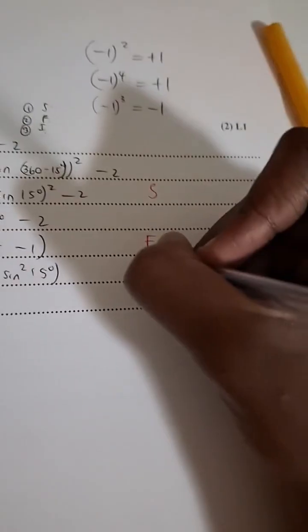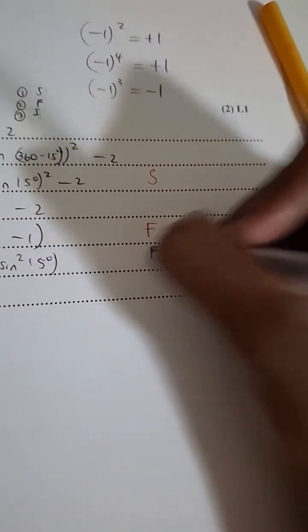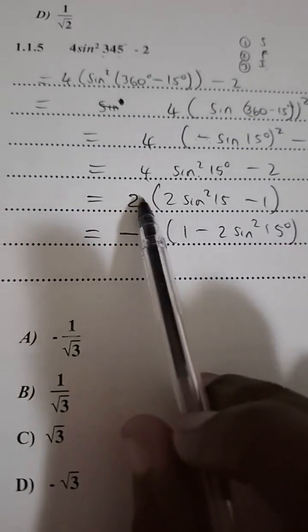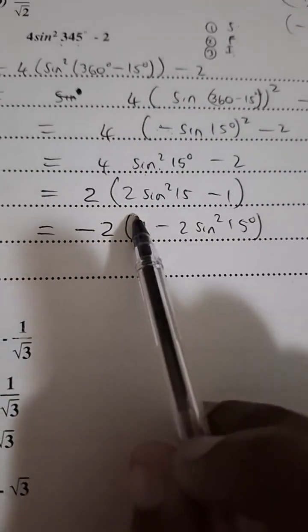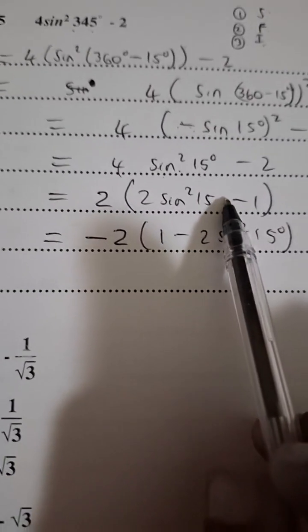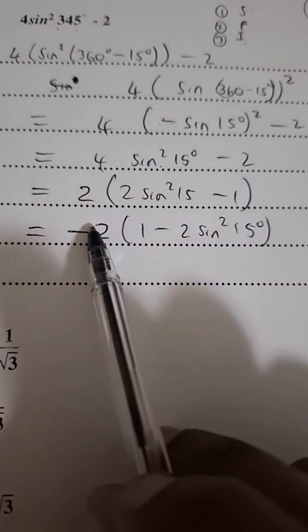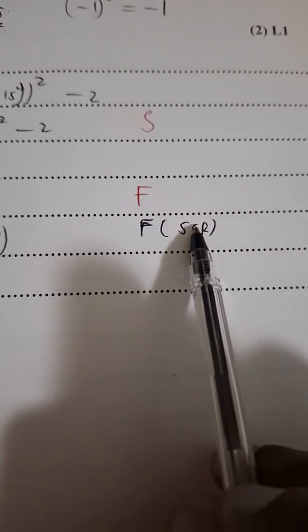I applied the factorization strategy that we call the sign change rule. Take out a negative, swap the order around, because this was not the double angle expression, but this is 1 minus 2 sine squared 15.